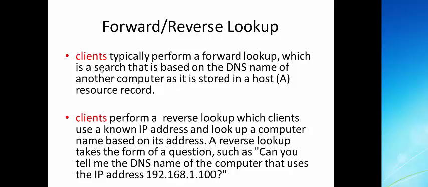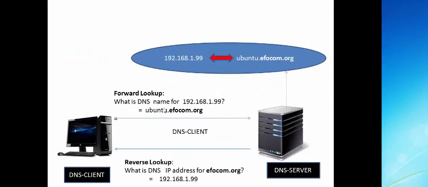So I've got something here for you: the difference between the forward and the reverse lookup zone. Please, on your own time, I think you're gonna have to read that. Alright, let's move on. This is the difference between the reverse lookup and the forward lookup.